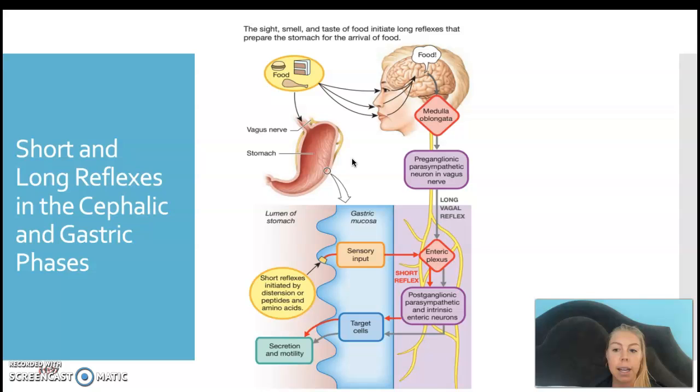And then finally, this last slide just shows an example of short and long reflexes in the cephalic and gastric phases of digestion. So again, this stimulus coming from outside the digestive system, going through the medulla oblongata, and then ultimately causing secretion and motility.